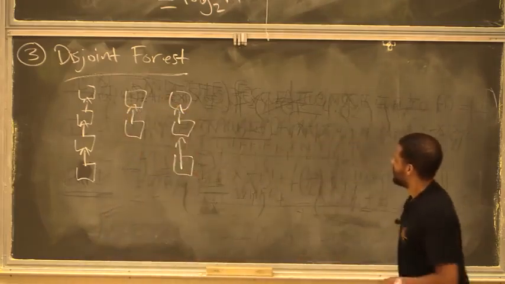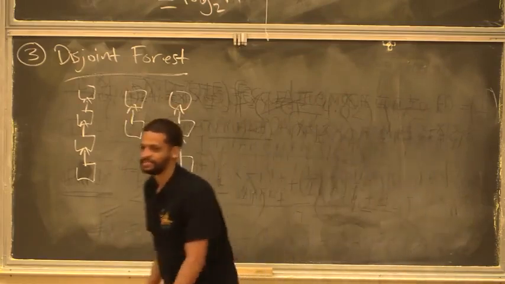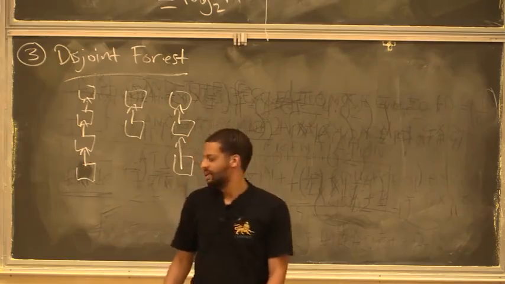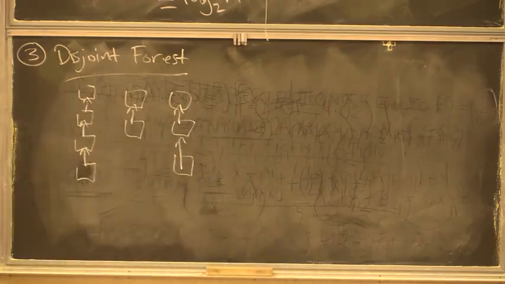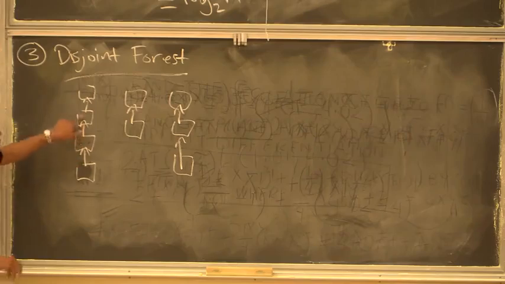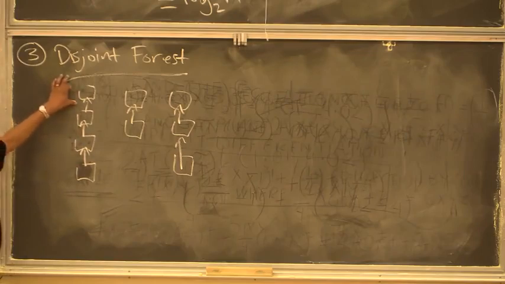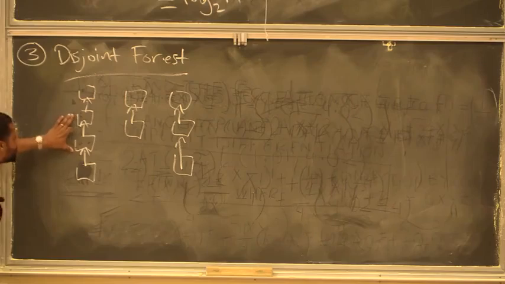Now, if I do a find on, let's say, this node, I spend time looking at 3 nodes. I start here, I walk to here, I walk to here. So I'm already spending time looking at these 2 nodes plus the root, so I already spent 2 time.